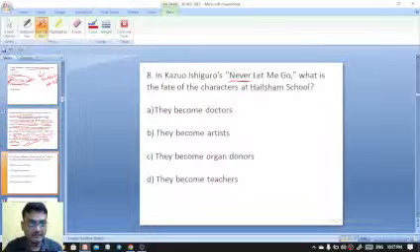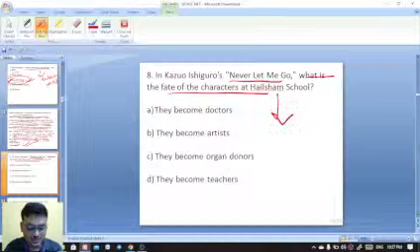Kazuo Ishiguro's Never Let Me Go. What is the fate of the characters at Hailsham School?